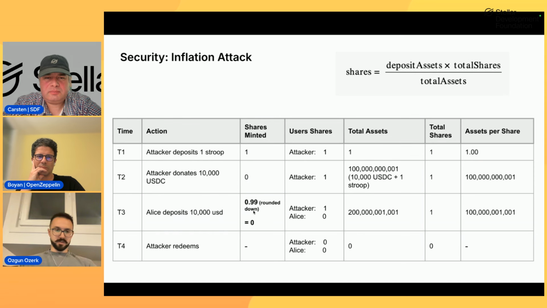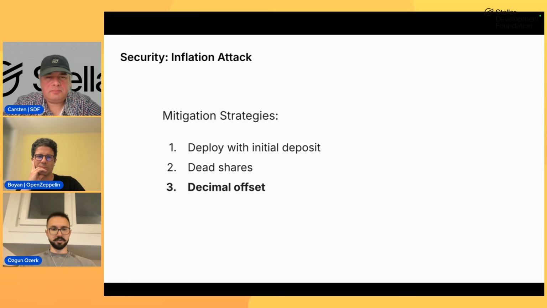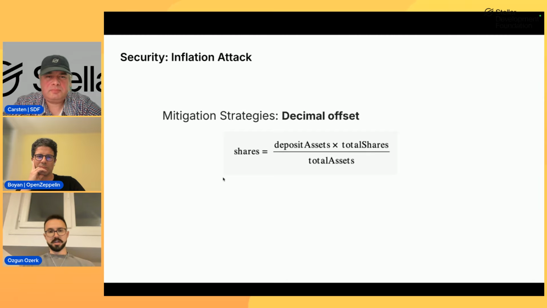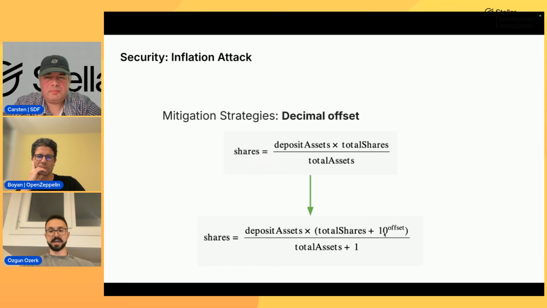This is not only for our implementation. This attack existed through all the ecosystems, and fortunately, we have a solution for that. The most common one is decimal offset. So instead of the regular or straightforward calculation, we also add an offset to the power of 10.